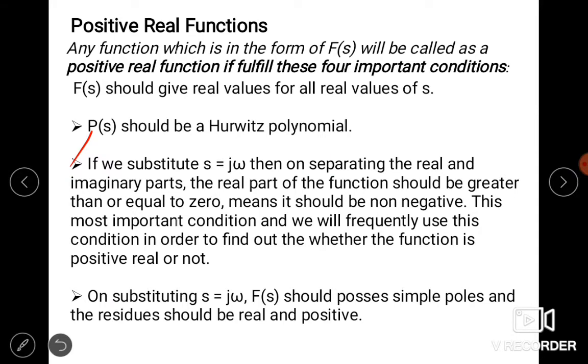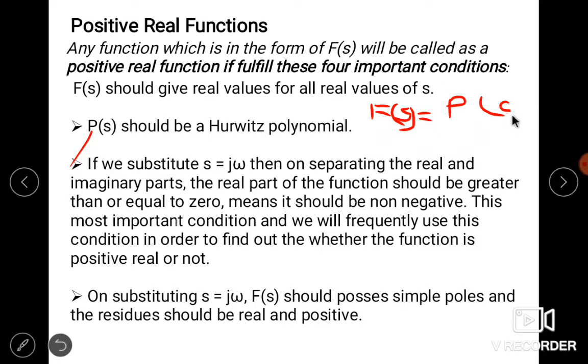If you remember, I have written here F(s), this is the function.